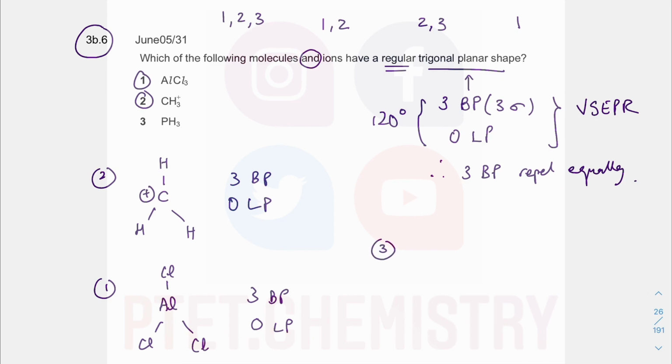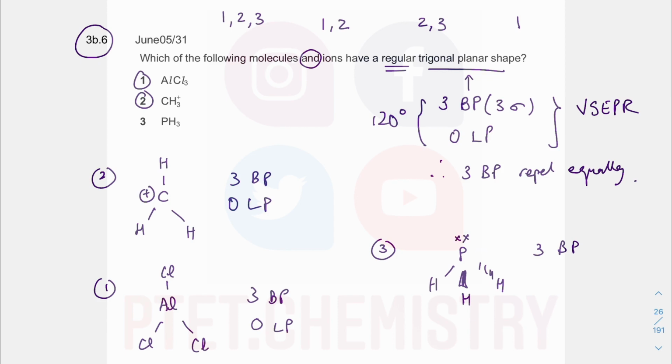If I go for option 3, phosphorus is in group 15. So it's not the same as carbon plus or aluminium neutral, because now you have group 15, you have 5 outer shell electrons. It uses 1, 2, and 3 for bonding, because 3 sigma bonds, there's 3 bond pair. But you're left with 2 electrons on the phosphorus.